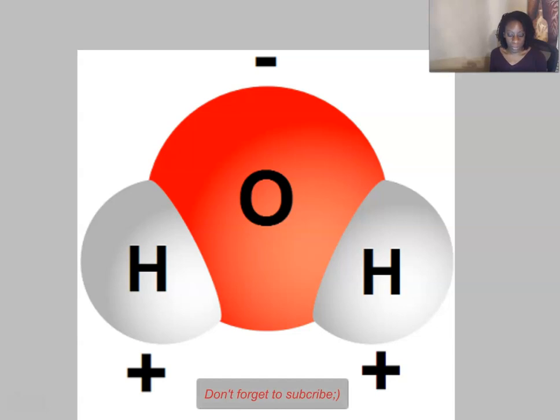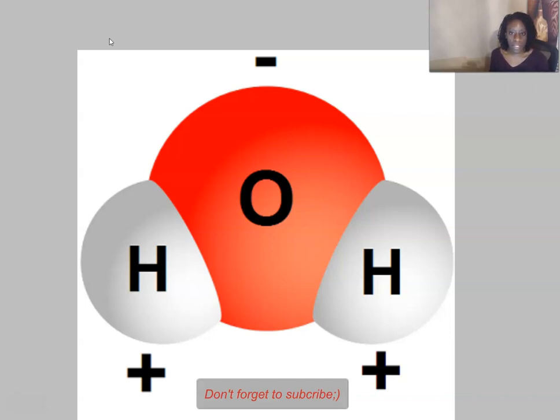Water is a molecule, which is 2 or more atoms that are joined together by covalent bonds. Now, as you can see in this illustration here, a water molecule has 2 hydrogen atoms and 1 oxygen atom. And water is a neutral molecule, which means that its positive and negative electrical charges cancel each other out.